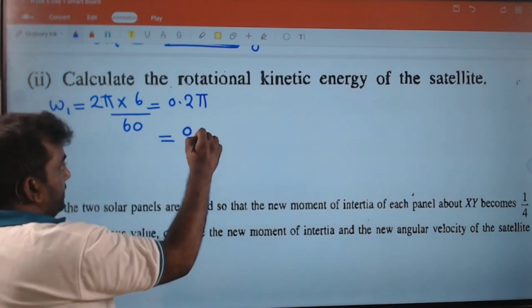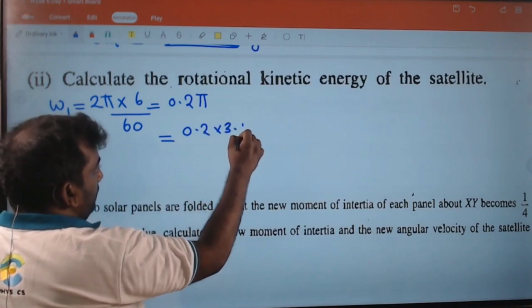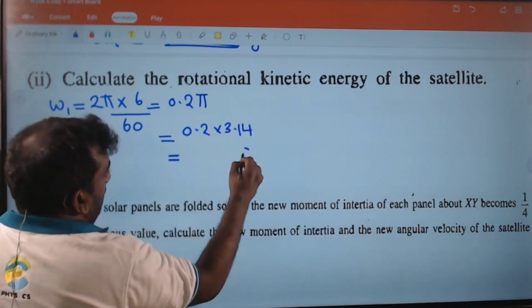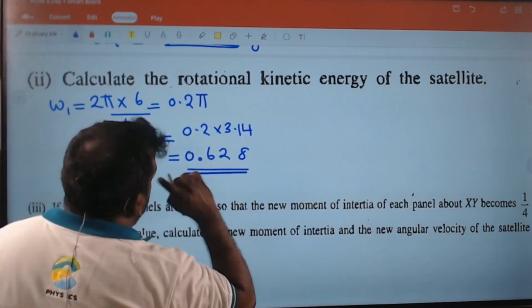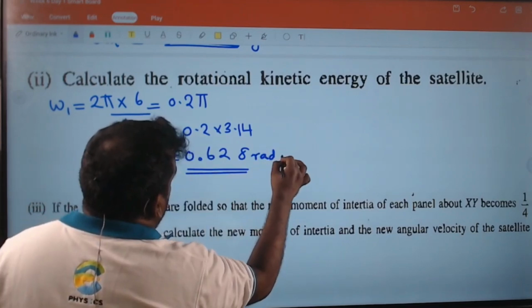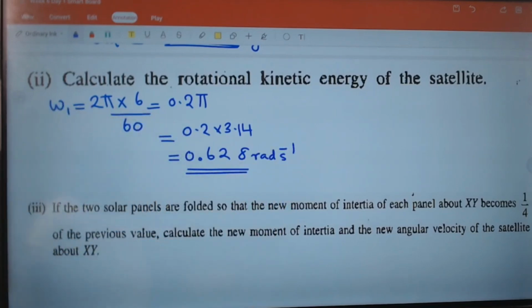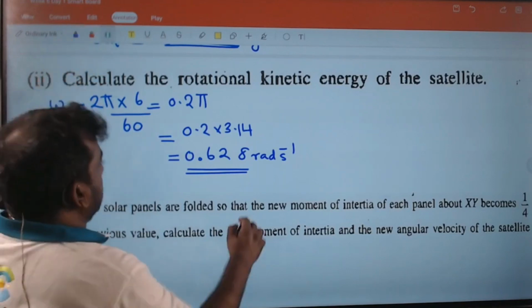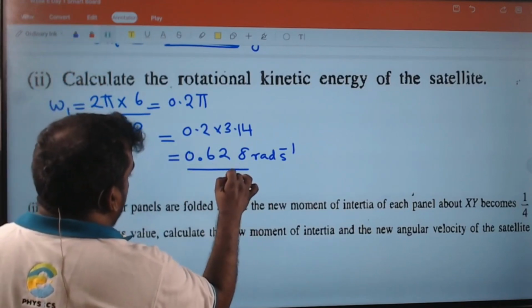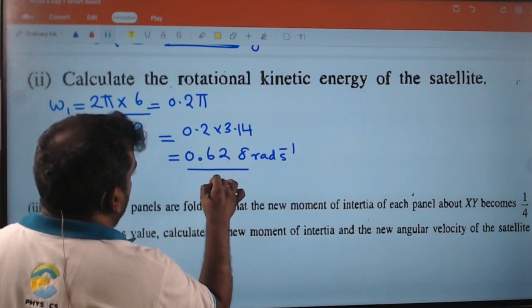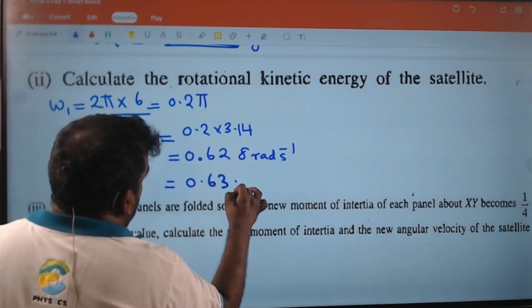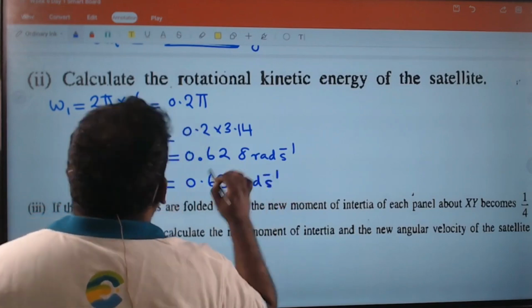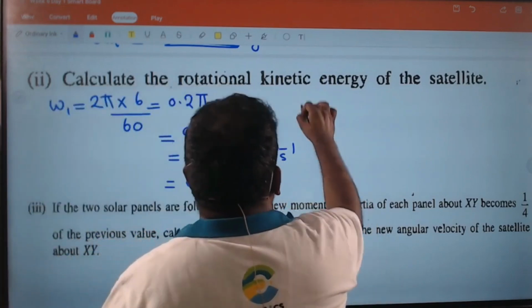Pi you substitute 3.14, so 0.628 radians per second. Approximately, on exam day keep 2 decimal places: 0.63 radians per second.